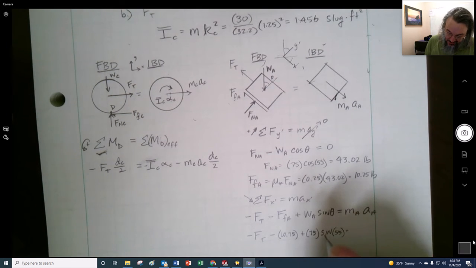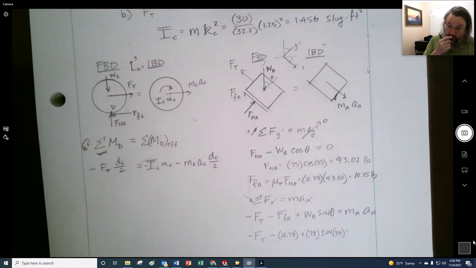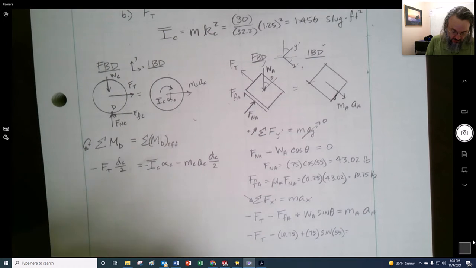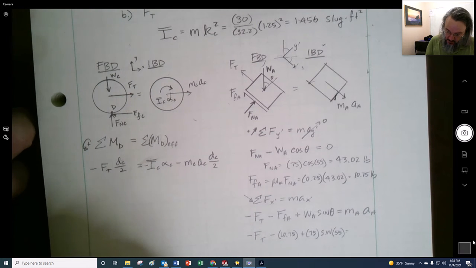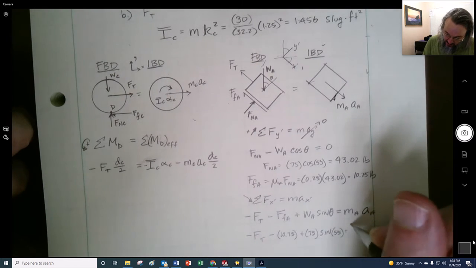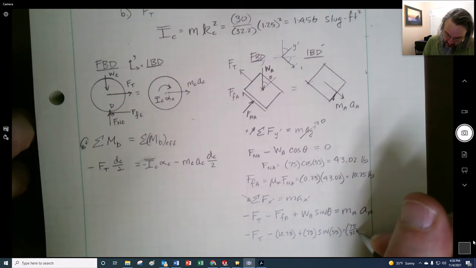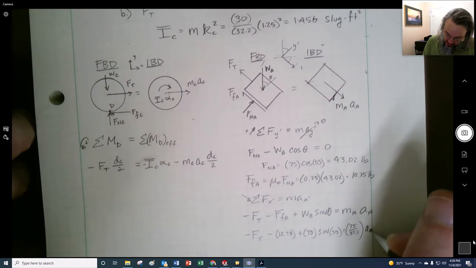I didn't actually check to see if this was going to be a large enough number, but we'll see. Okay, I'm hoping everything works out. I think everything will work out. And then I'm going to have my mass is 75 divided by 32.2 times my AA.